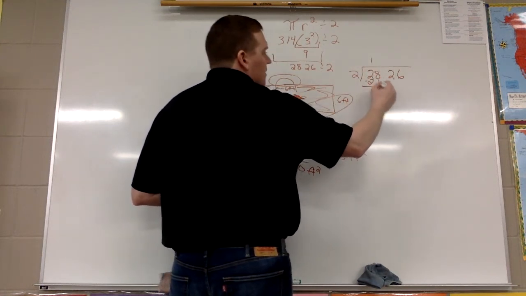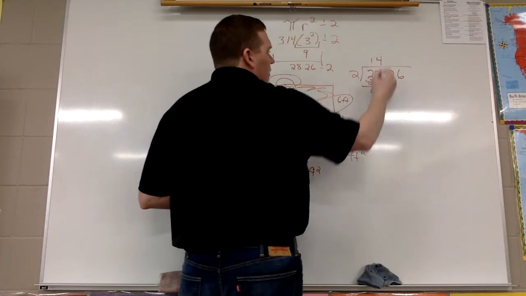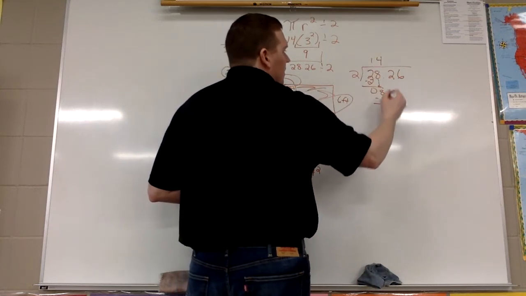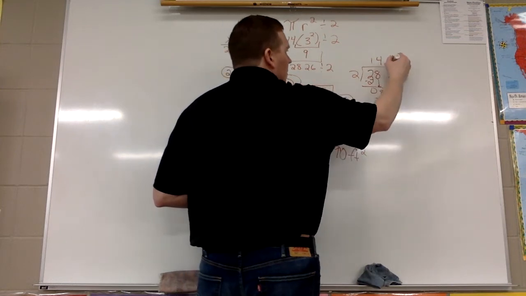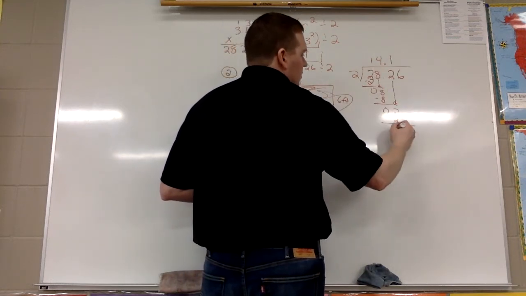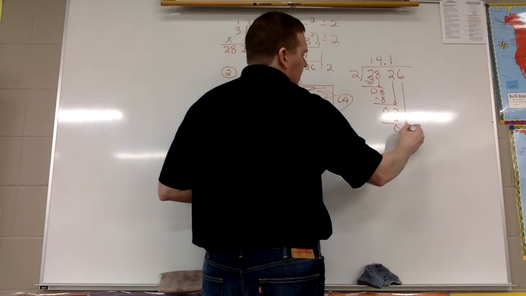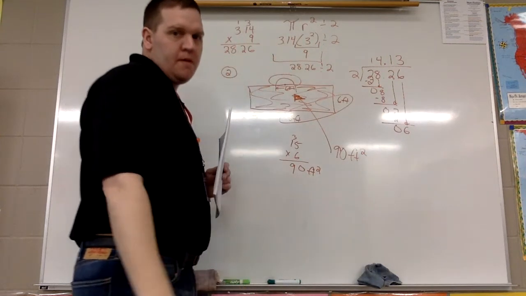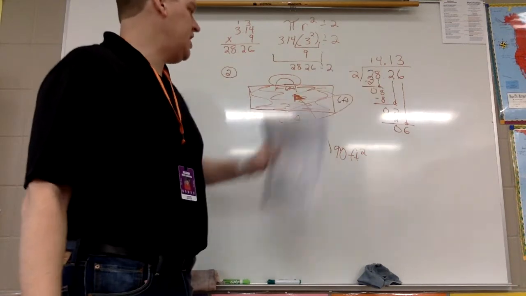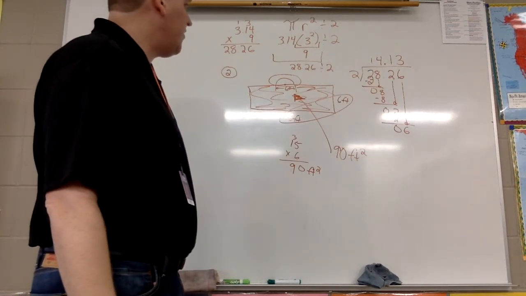Bring down my 8. 2 goes into 8 4 times. Bring up my decimal point. Bring down a 2. 2 goes into 2 once. Subtract 0, 6. 2 goes into 6 3 times. So I get a total of 14.13.